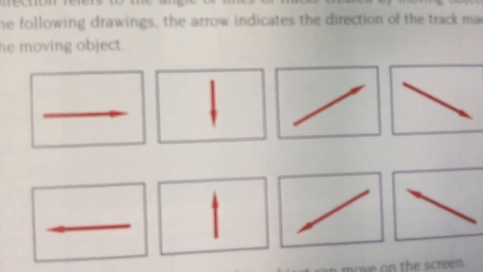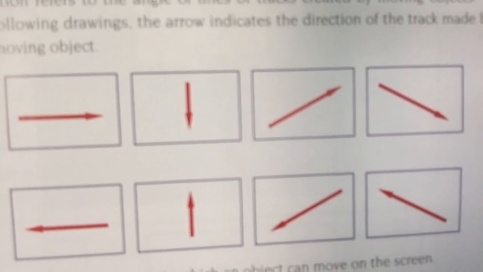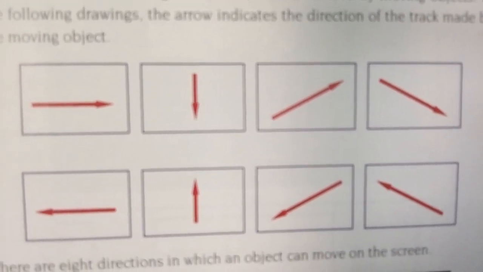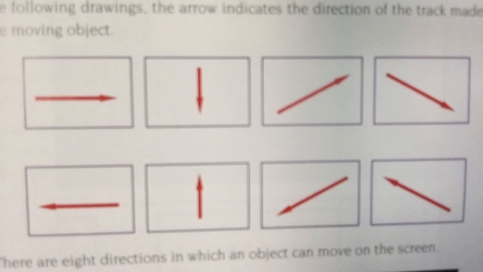Direction refers to the angle of lines or tracks created by moving objects. In the following drawings, the arrows indicate the direction of the tracks made by moving objects. And now he gives us a bunch of arrows showing us the direction of moving objects. So direction is the line made by moving objects.